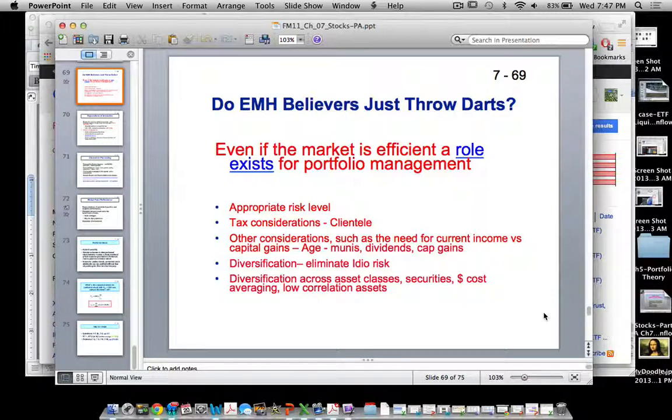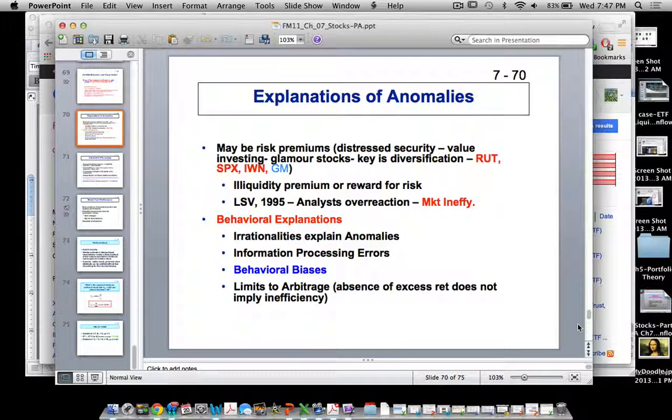There's a role for portfolio management to have an appropriate risk level, to have tax considerations, what tax bracket you are in, and whether you want high dividend stocks or municipal bonds. A big tax difference between the two. Other considerations: diversification, and diversification across asset classes. That's my slide there, and now I've formalized it, diversification across asset classes. I can actually show you, I updated that.